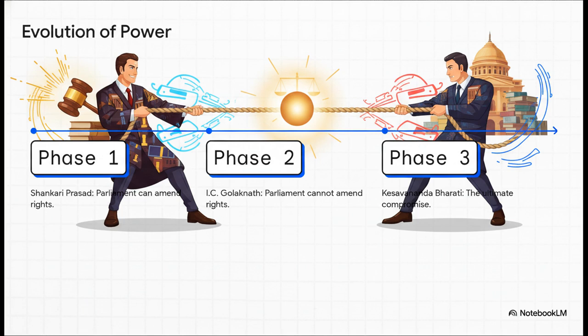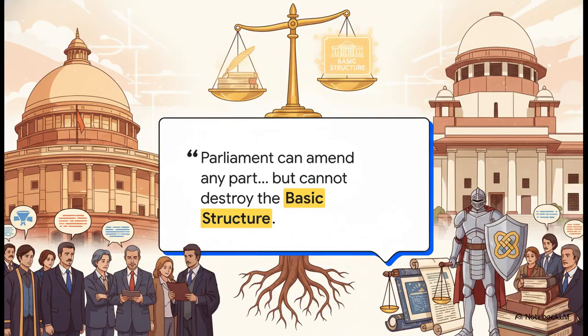It started with the Shankari Prasad case, where the court said Parliament can amend absolutely anything. Then, a massive reversal in the Golaknath case, where the court suddenly said Parliament cannot amend fundamental rights at all. The tension was literally at a boiling point. This standoff led to the 1973 Kesavananda Bharati ruling, which delivered a massive plot twist and a spectacular compromise.